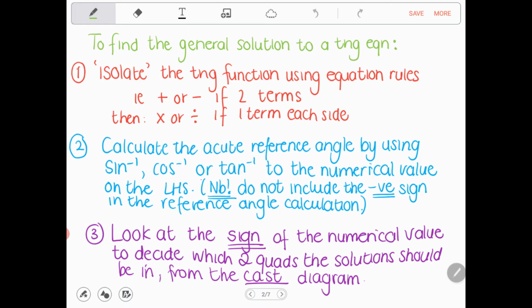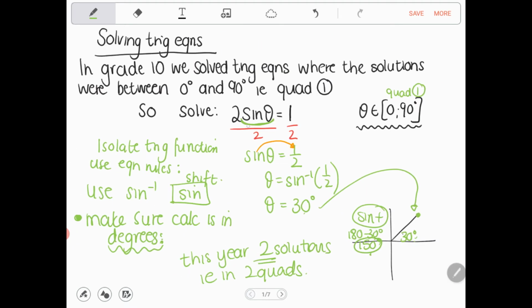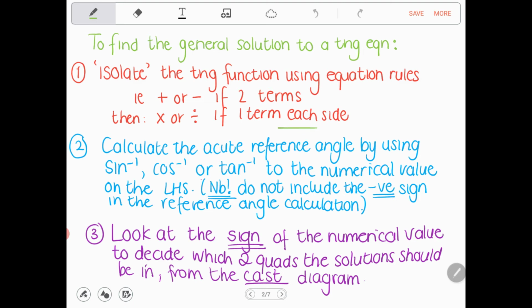Okay, so we're going to look at finding the general solutions to a trig equation. I've just written the steps down, so we've got them as notes. The first thing we're going to do is isolate the trig function using your equation rules, which we did here. After we've isolated the trig function, we calculate the acute angle.